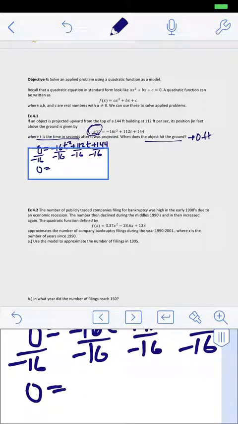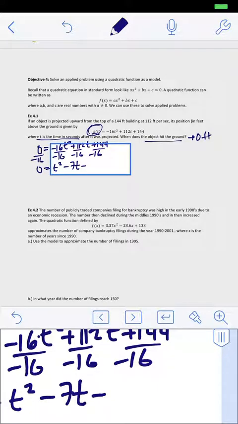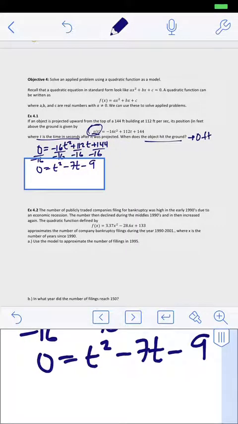So 0 is equal to t squared, 112 divided by negative 16 gives me a negative 7t, and then 144 divided by negative 16 is a negative 9. Alright, that's so much easier than working with 112 and 144. So always see if you can take out a GCF. GCFs are really nice. Take them out, divide them out.